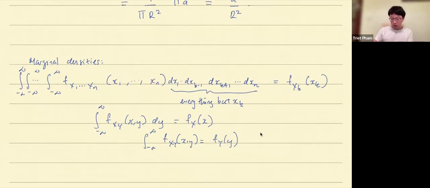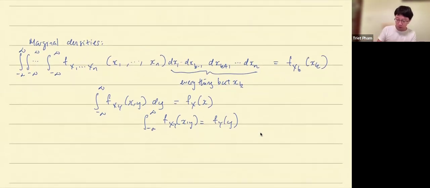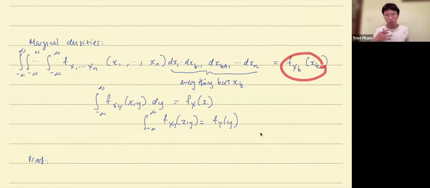So here, maybe let's write down a few lines of proof for why this is true. Because with continuous random variables, I said the main point is to distinguish between PDF and CDF. You don't operate on PDF directly when it comes to probability.